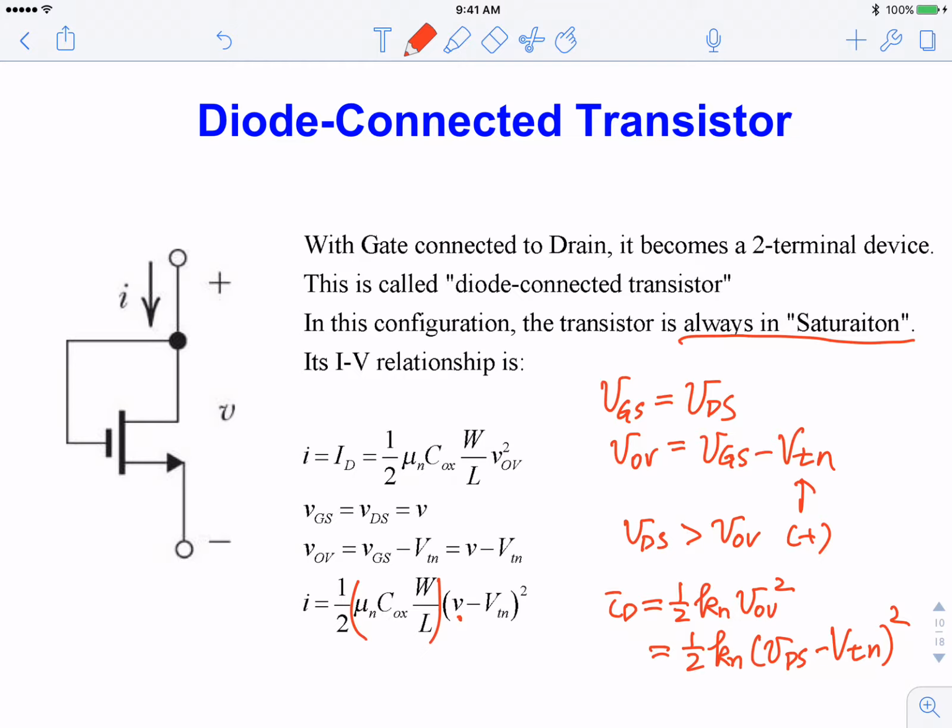And when do we use this? We will see examples when we use this. This is actually quite commonly used in circuits. When you see that, you can think of it as a diode. It's different from a PN junction diode. The current doesn't go up exponentially. The current goes up quadratically, so much smaller than a PN junction.